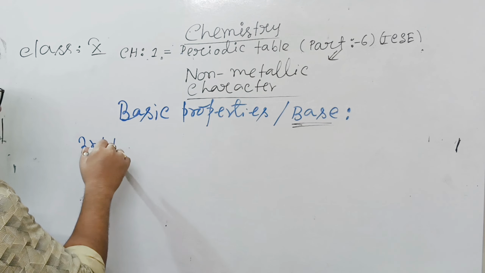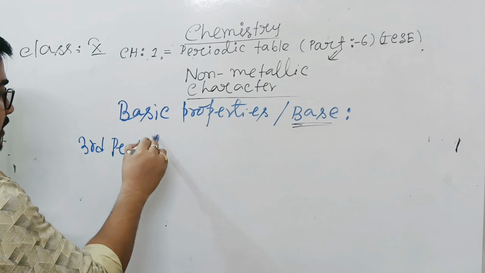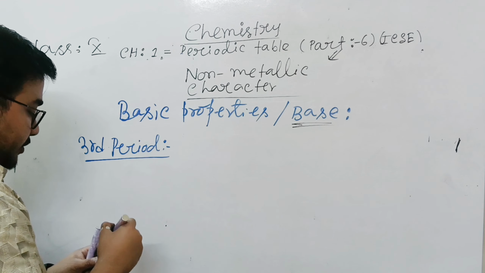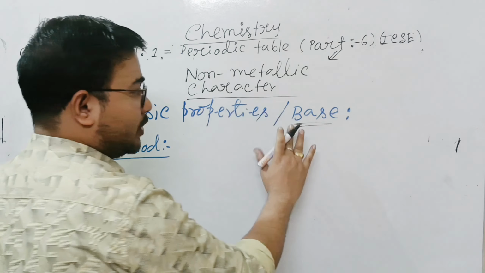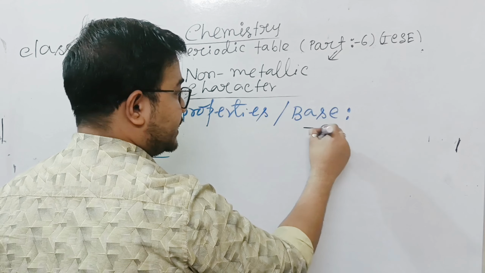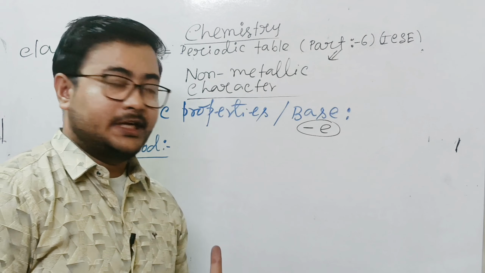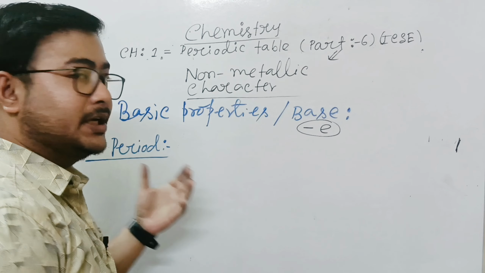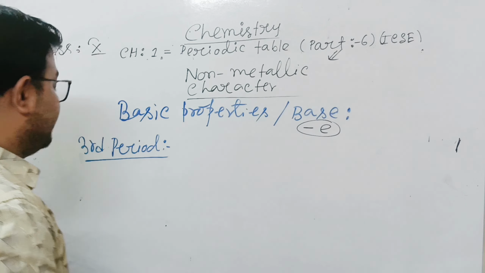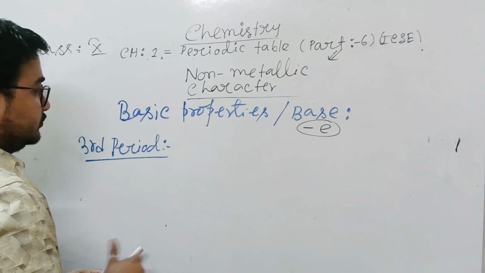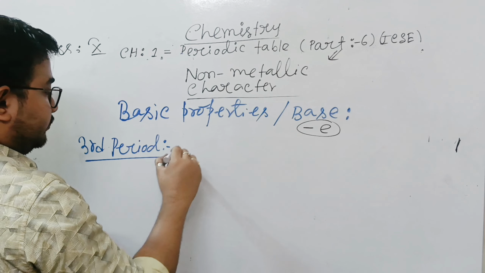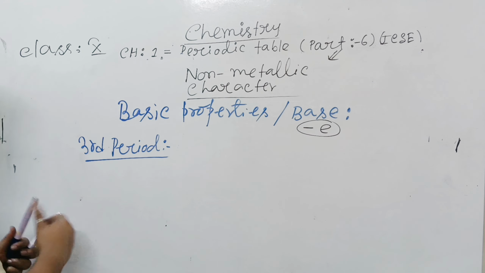Third period again. Tell me, in short form, what is base? Minus electrons, that is, the tendency to lose an electron. Now again we consider the third period elements. What are the third period elements?